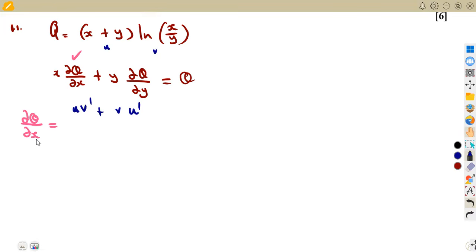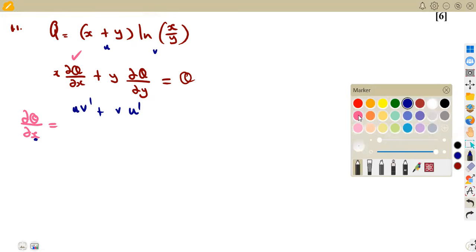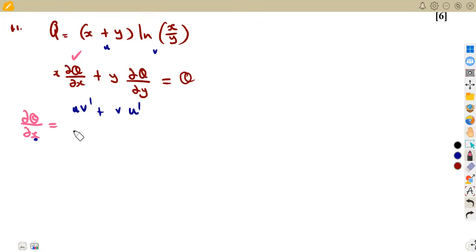We are focusing on x, so our derivative is supposed to be with respect to x. Meaning u is just going to remain as it is, which is x plus y in this case.